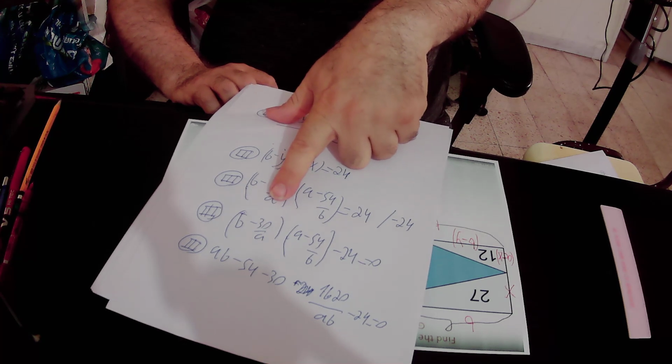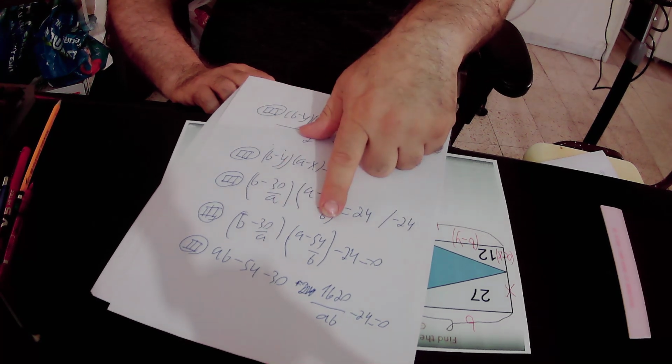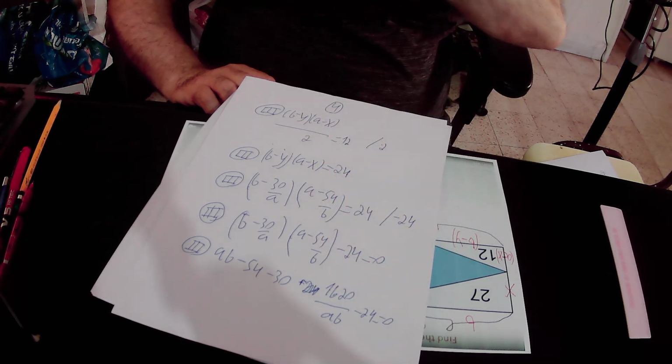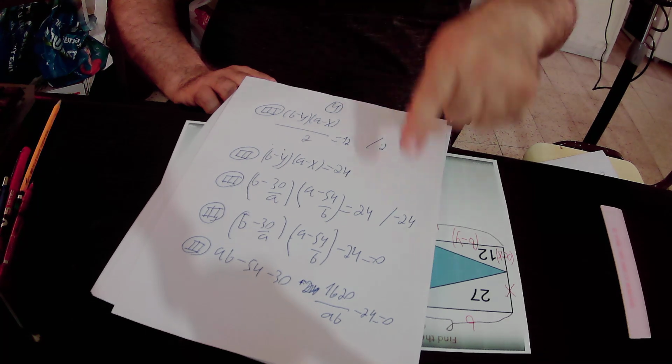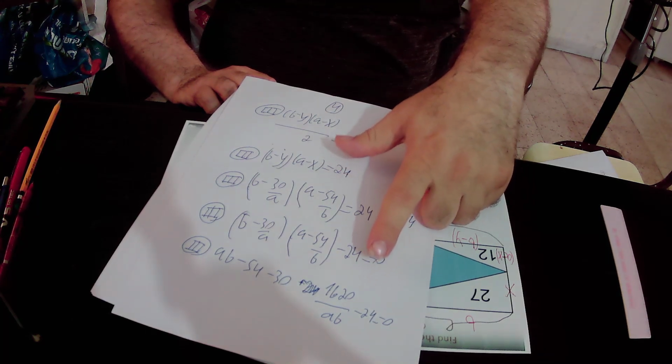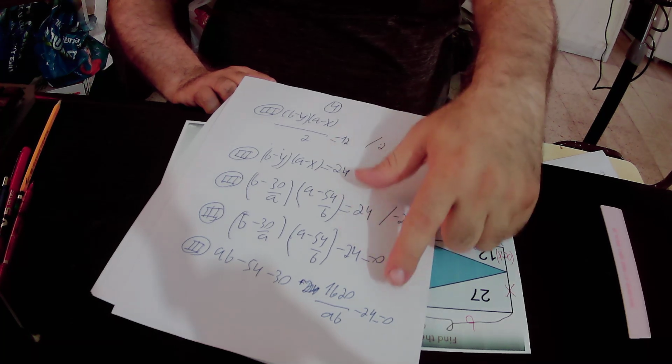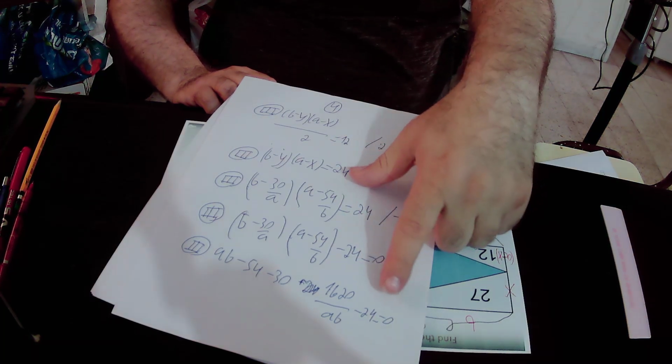And negative 30 over a times negative 54 over b equals 1620 over AB. And here it is minus 24, copied as it is, equals 0.